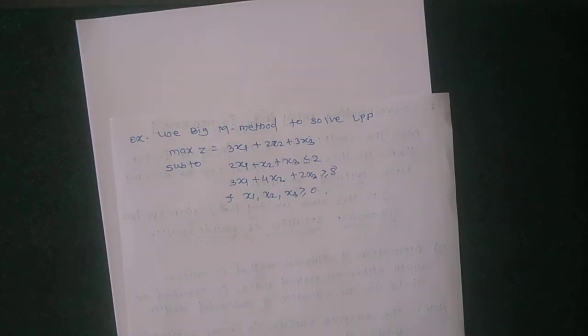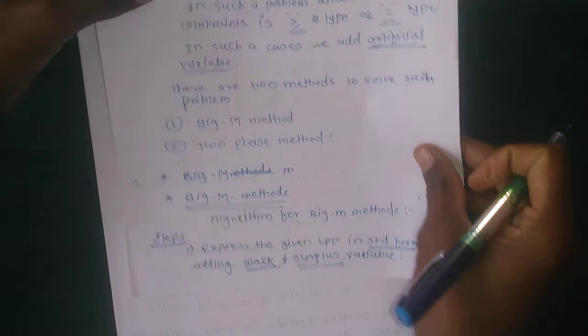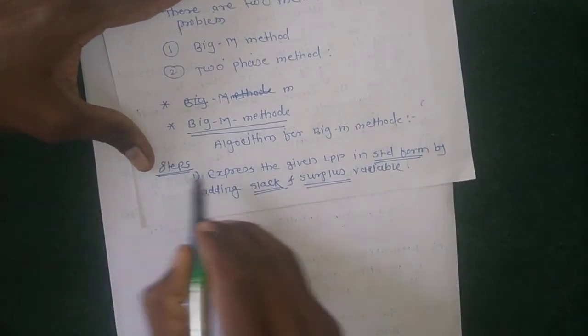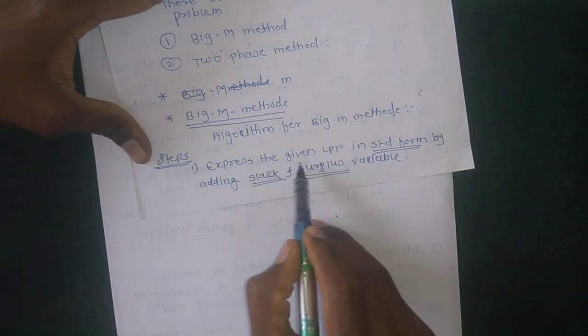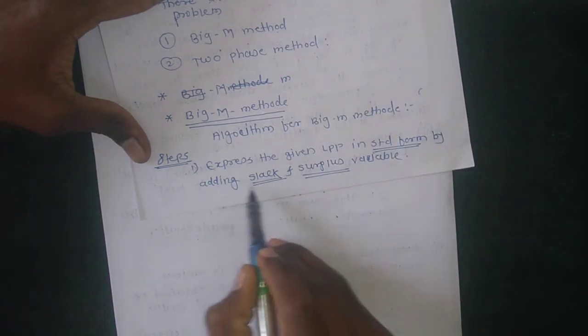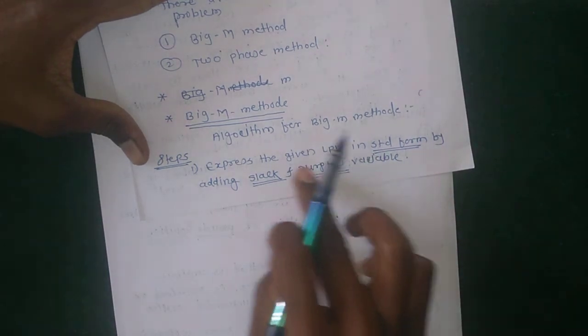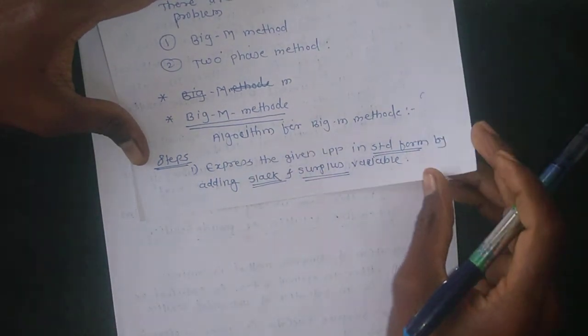Okay, so before that, what is meant by big M method? The algorithm is, firstly, express the given LPP in standard form by adding slack and surplus variables. So firstly we write this LPP in standard form.